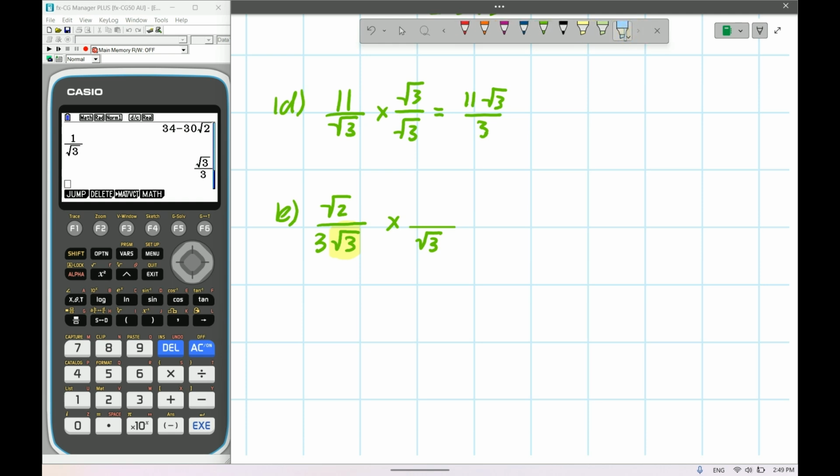We don't need to consider this number 3 in the multiplication step. So we just need to include this part here. Okay, cool. And so if we do this, the root 2 and the root 3 will make root 6. Okay, and then root 3 times square root 3 will become 3 times 3, which will make root 6 over 9. Okay.